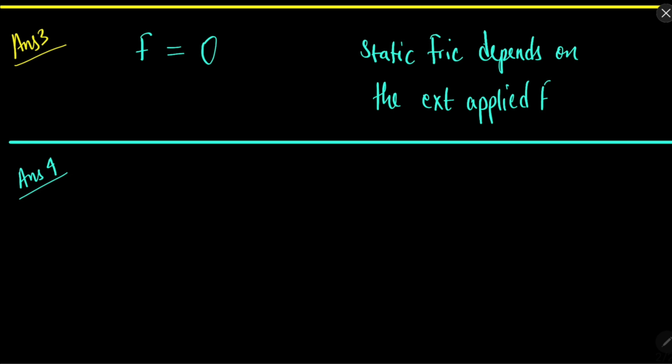So the fourth one. Let's first draw the situation. We have one inclined plane having 30 degree angle with the horizontal. Block is like this. So what are the forces acting on the block?